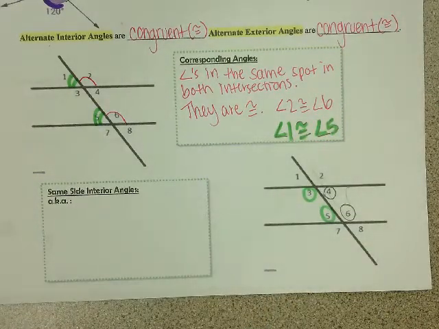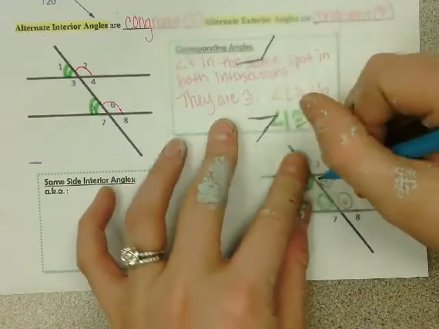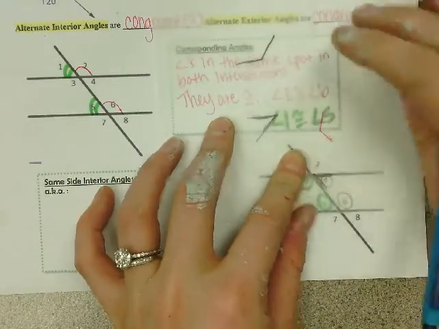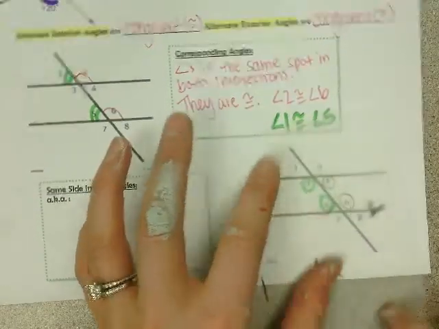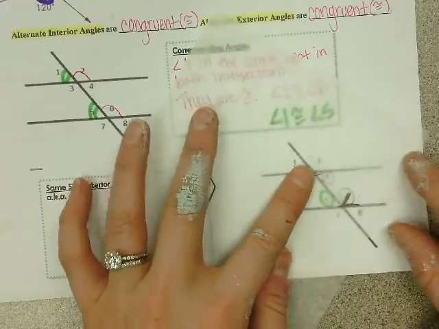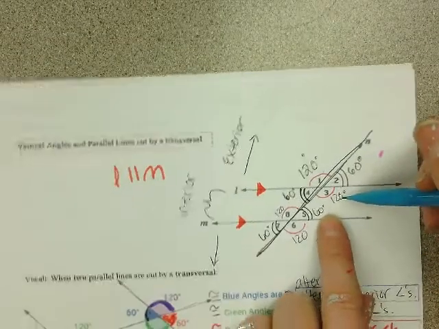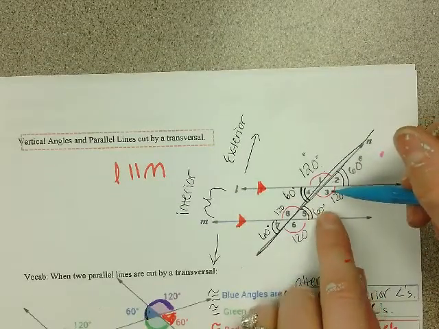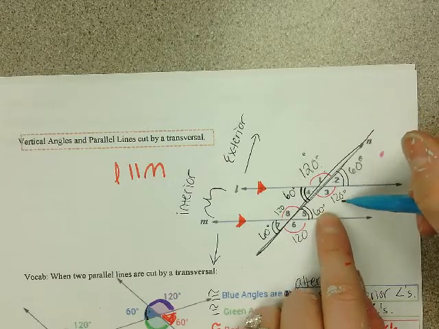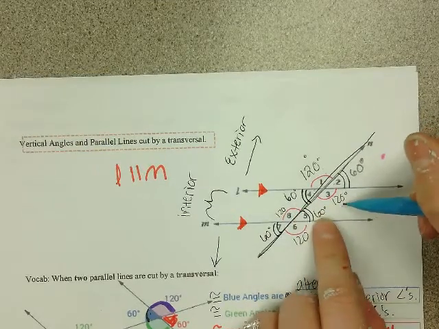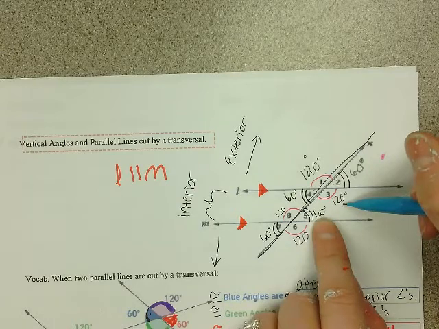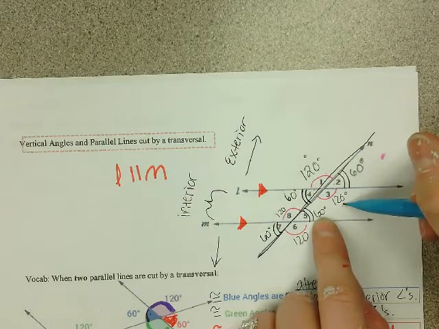Now, can I trace 4 onto angle 6? Do they match? No. Now let's look up here. Same side interior would be like 3 and 5. They are not congruent, right? But what do they add up to? 180. What is that called?